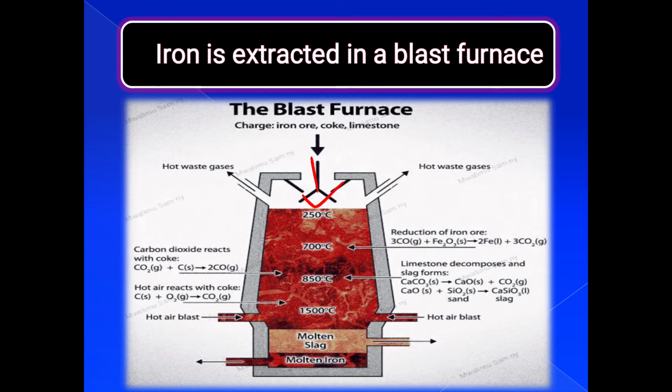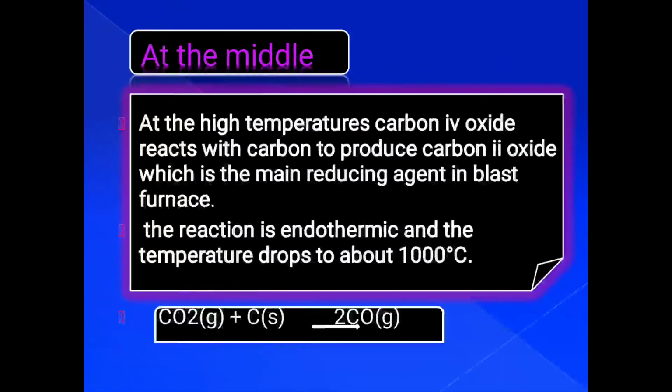And we're saying that at the middle, carbon 4 oxide reacts with carbon to produce carbon 2 oxide. This is a reduction reaction, whereby the carbon 4 oxide that is produced at the bottom reacts with carbon to give us carbon 2 oxide.